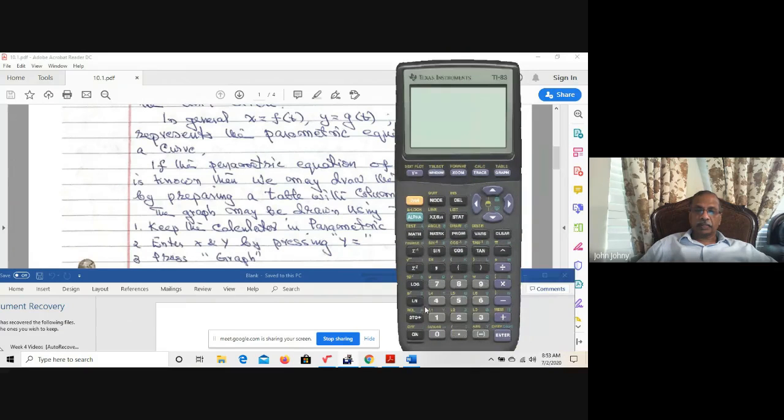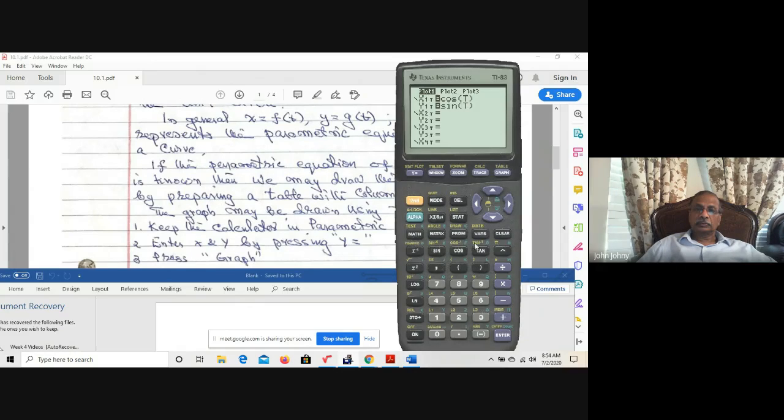First, you keep the calculator in parametric form. Mode, parameter is PAR. Good. Then you go to y equals: x is cos t, y is sin t.